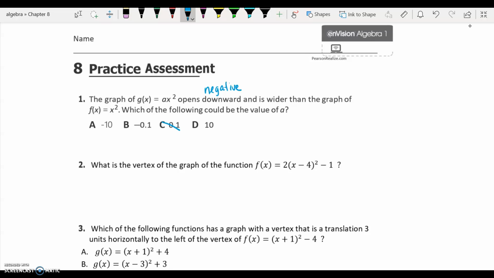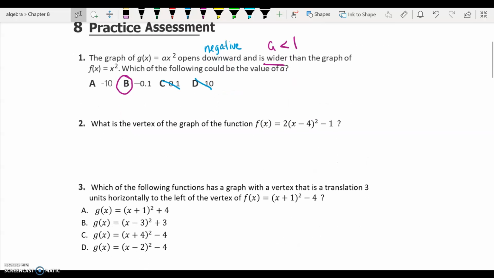So that automatically cancels out C and D. And if we know it's wider, that means a is less than 1. Well, which one has an a that is less than 1? The only possible answer then is B. So I would want to see that. If you can, show me as much work. If you feel confident in that answer, multiple choice, I would allow you to answer it just like that.